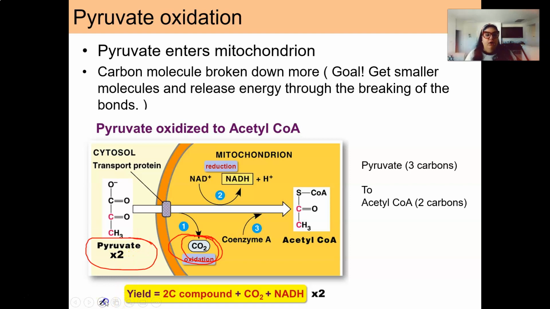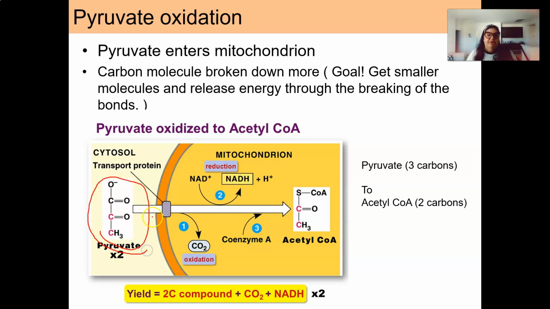So where do all my electrons go? This is called pyruvate oxidation, right? The pyruvate is oxidized. What does oxidation mean? We lose electrons. So my electrons from my pyruvate are moving. I'm breaking my bonds.